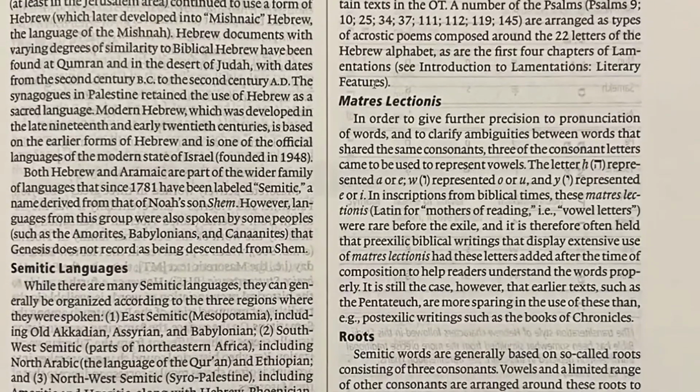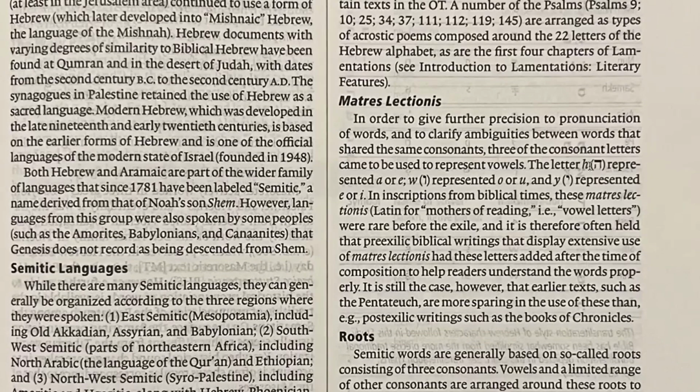This word, I don't know how to pronounce it, so I'm going to butcher it. But here we go. Matres lectionis. In order to give further precision to pronunciation of words and to clarify ambiguities between words that share the same consonants, three of the consonant letters came to be used to represent vowels.